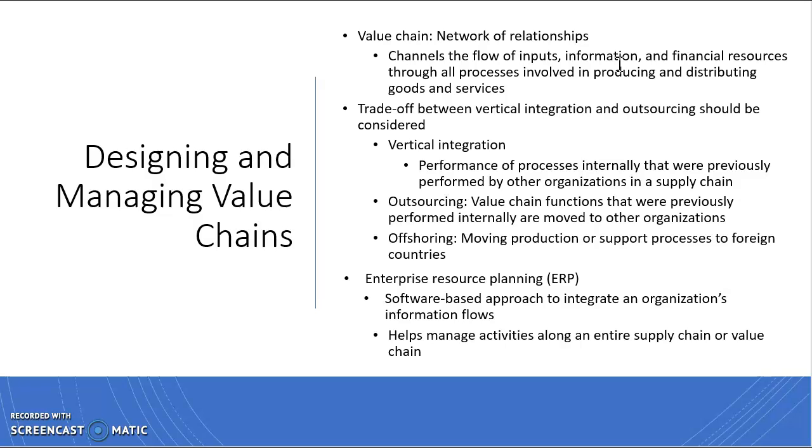All right, so some of the things we look at are things like the concept of vertical integration. This is basically the performance of processes internally that were previously performed by other organizations in the supply chain.